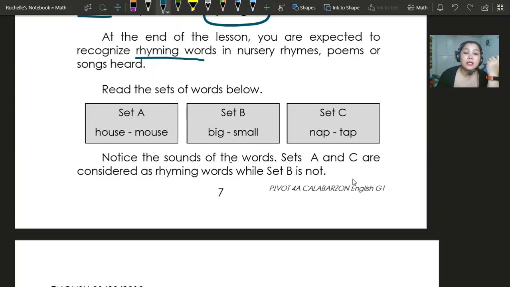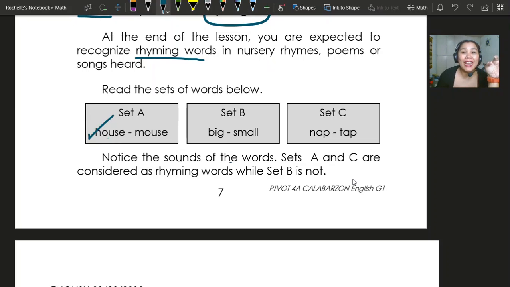Why is it? So set A, we have house, mouse. So if you listen to the ending sound of house, and for the mouse, so the same, so it means house and mouse are rhyming words. Okay, for set B, why is it not? Set B is not included. For set B, we have big and then small. If you take a look at my mouth, so look, notice the end sound and the form of my mouth.